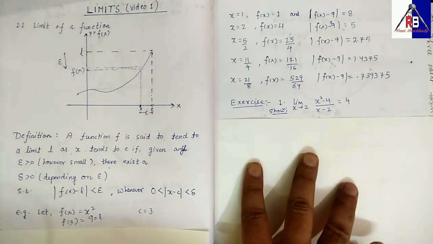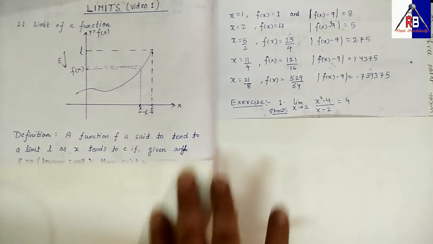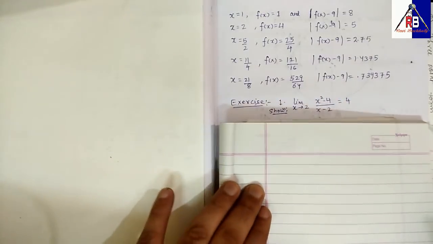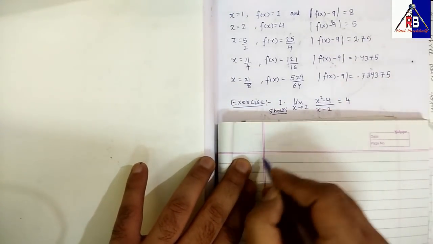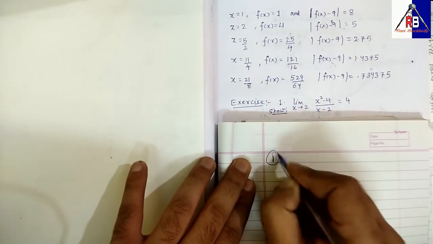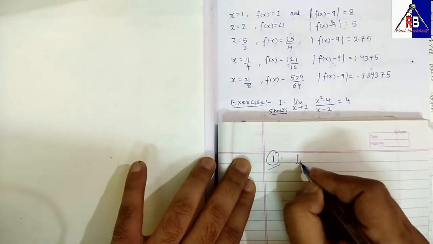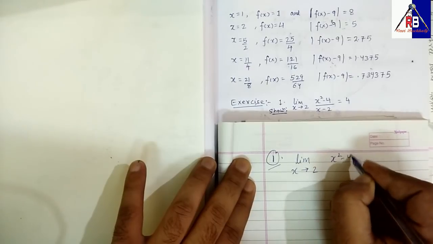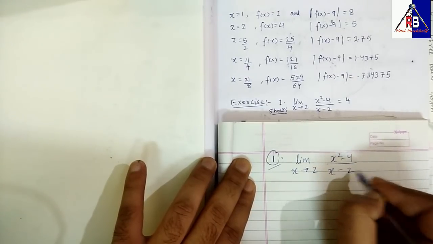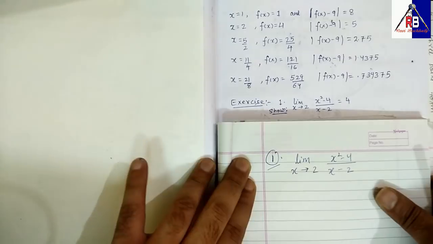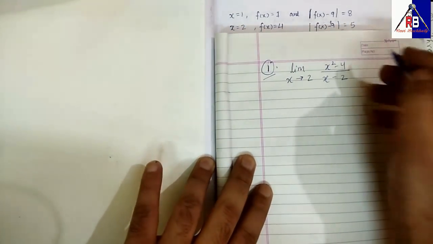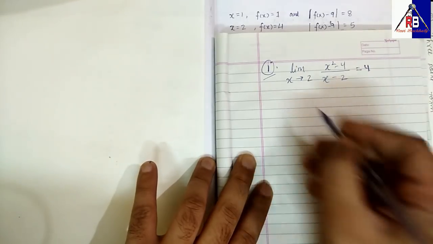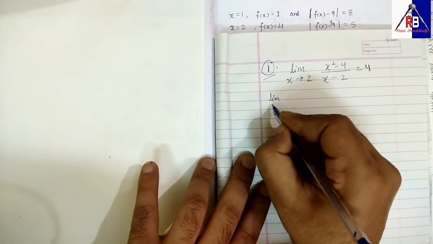Now, we have a few questions here and we can solve them. Let us take the first question: limit x tends to 2, (x square minus 4) upon (x minus 2). We need to show that it is equal to 4. In earlier classes, you must have learned that this can be solved like this.